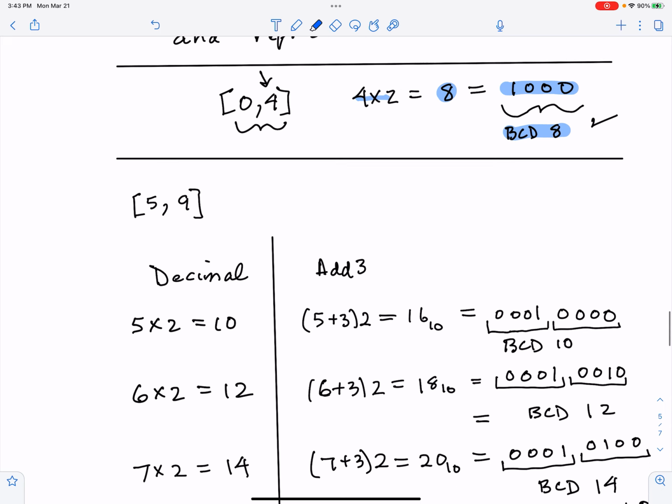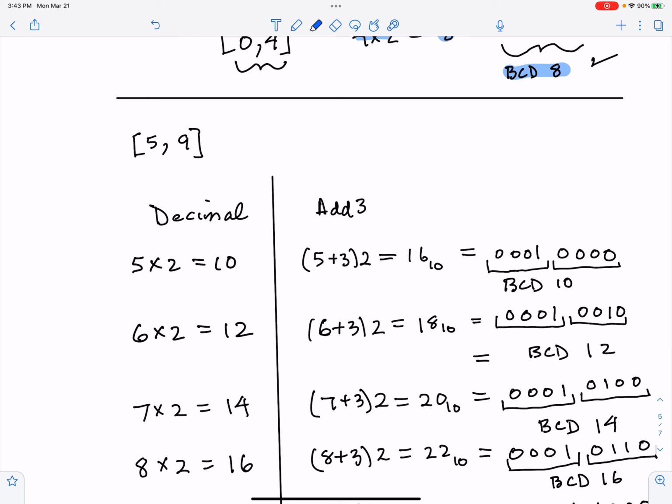Next, let's talk about the range 5 through 9. What I'm trying to do is take that number, double it, and then represent that decimal answer in BCD.